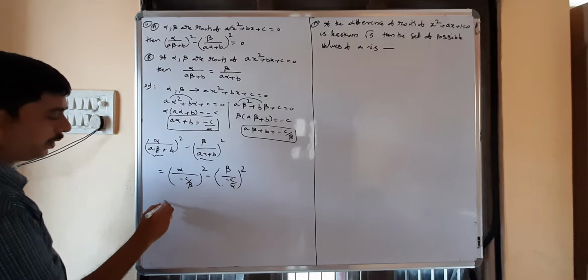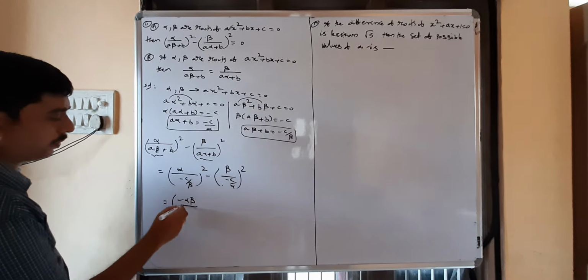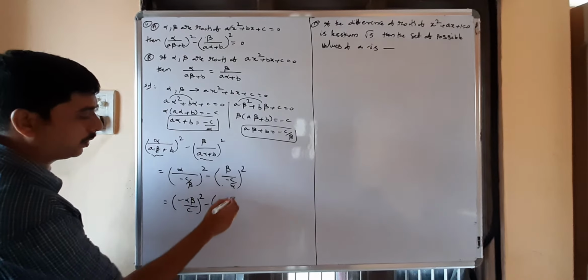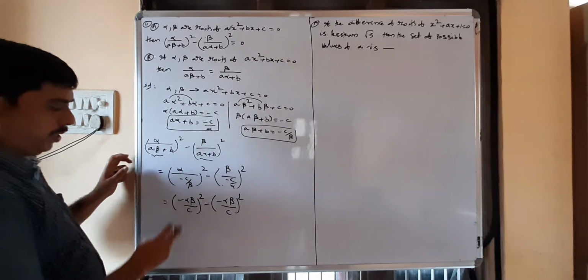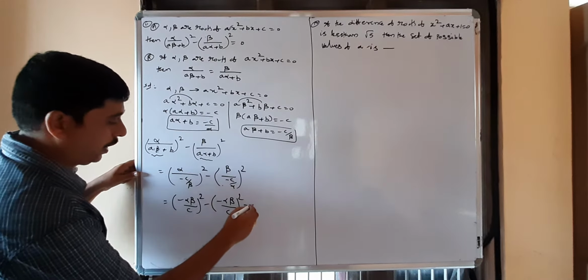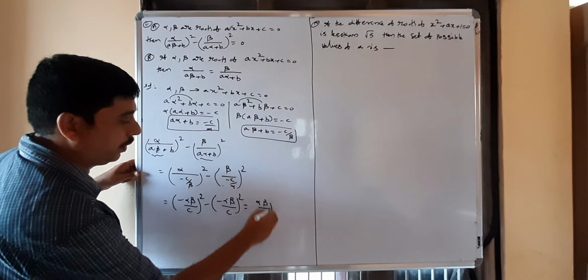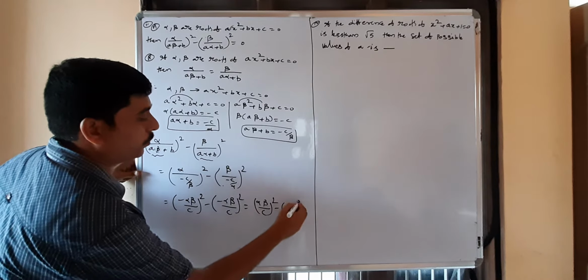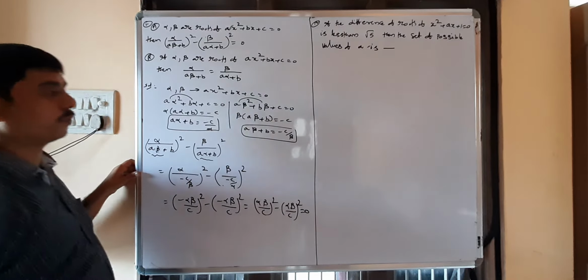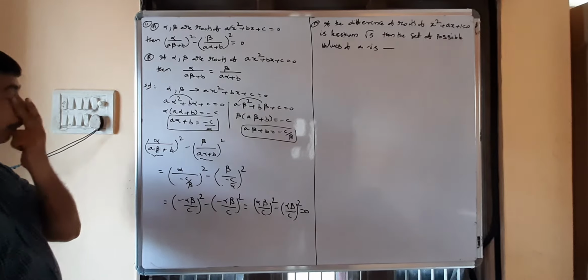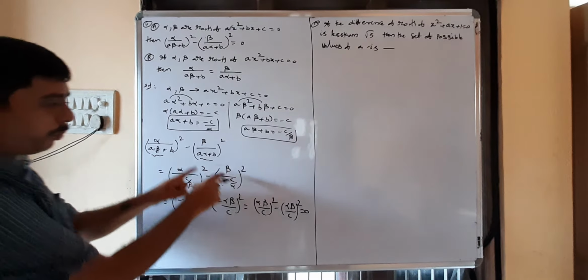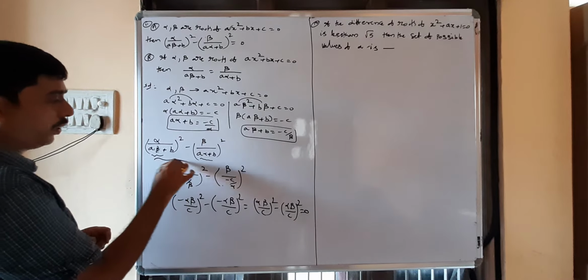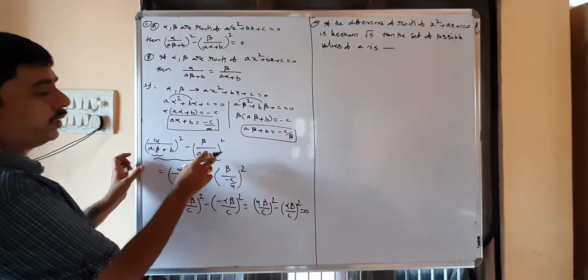Beta goes to the numerator, that is alpha beta square by c square minus alpha square beta by c square. In the numerator, alpha beta by c square minus alpha beta by c square, this same quantity is 0. So both these quantities are equal, since the total quantity equal to 0 means those two quantities are equal.